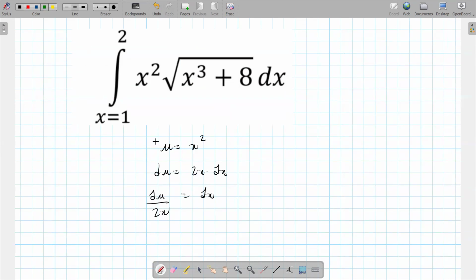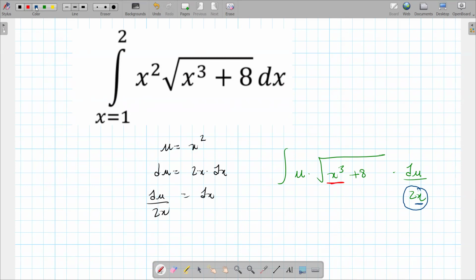So when you go to plug it in here, let's ignore the bounds. You get u times x cubed plus 8 times du over 2x. Now here the issue is that this x, you cannot use that to cancel out with this x squared.